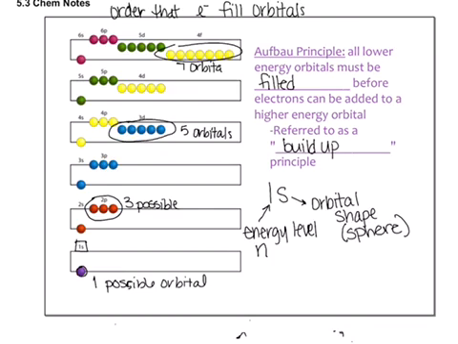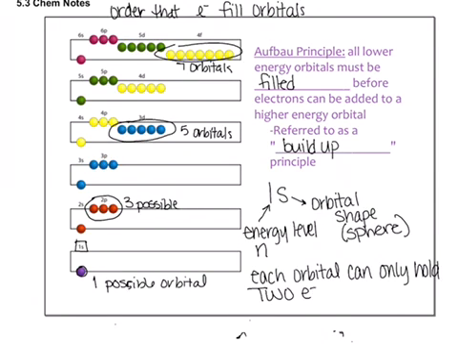Now, remember, each orbital, and it doesn't matter what shape it is, can only hold 2 electrons. So once 2 electrons get placed in this first 1s orbital, then we can place any electrons up in this 2s, again maximizing at 2 electrons.